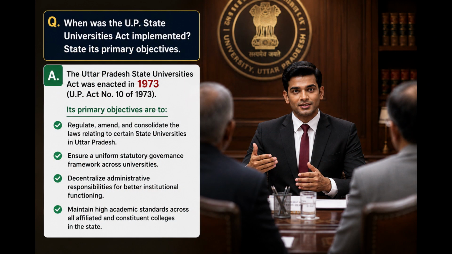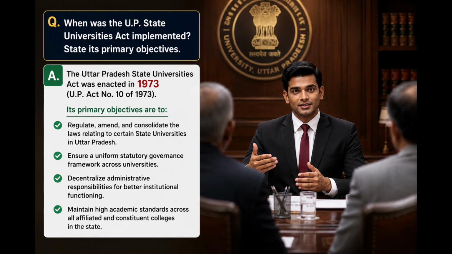When was the UP State Universities Act implemented? State its primary objectives. Sir, the Uttar Pradesh State Universities Act was enacted in 1973, UP Act No. 10 of 1973.